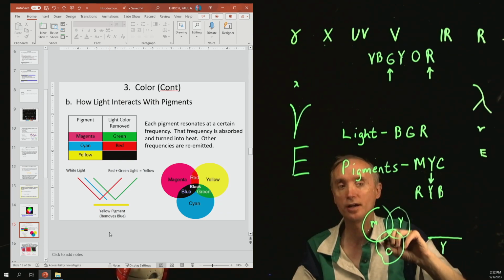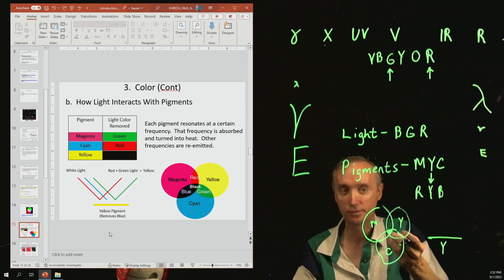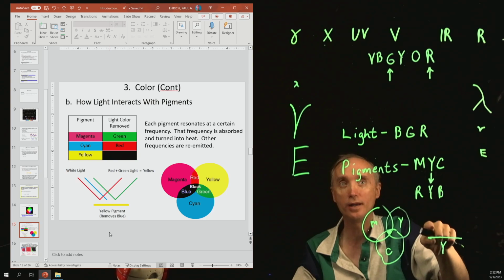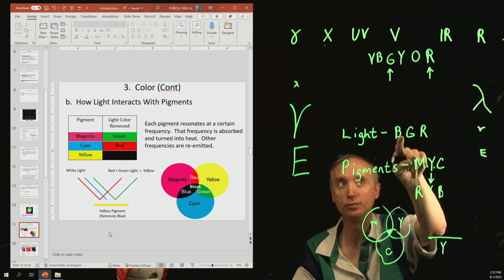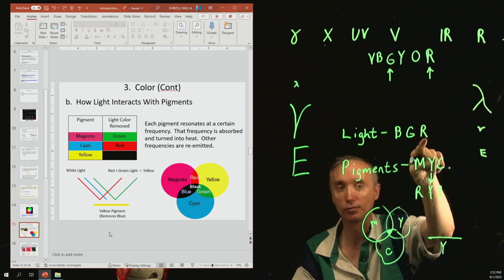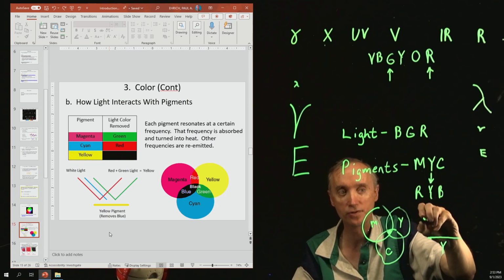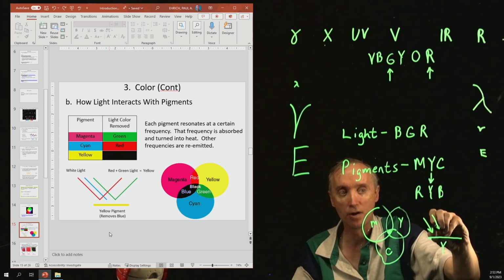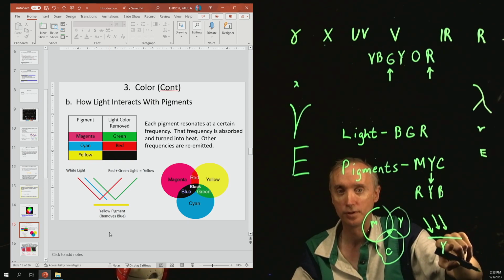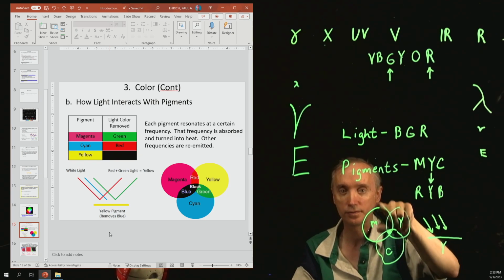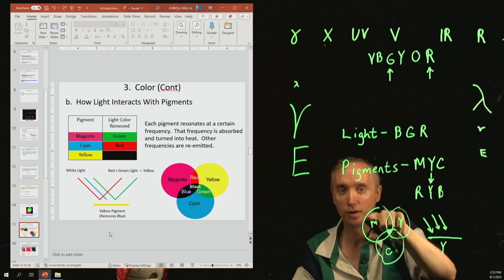Now you're going to shine white light onto it. So white light is a combination of blue, green, and red. Those colors are all mixed together, and they're coming down and they're going to hit the yellow piece of paper. So what does the color yellow absorb?